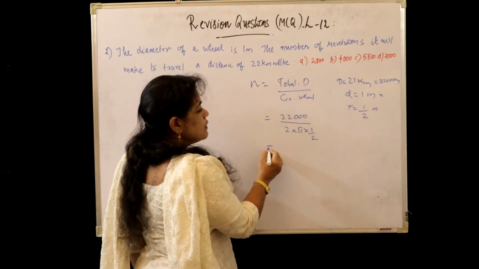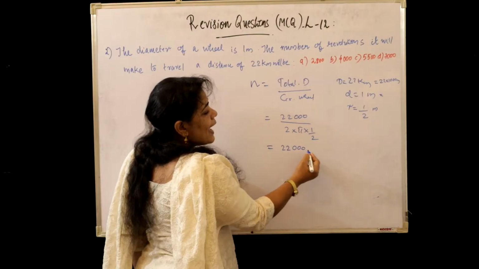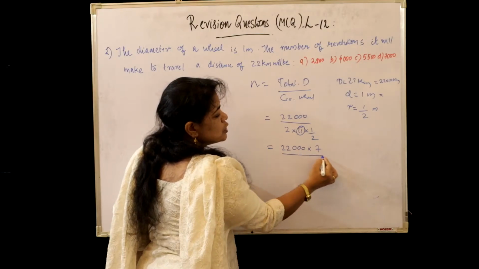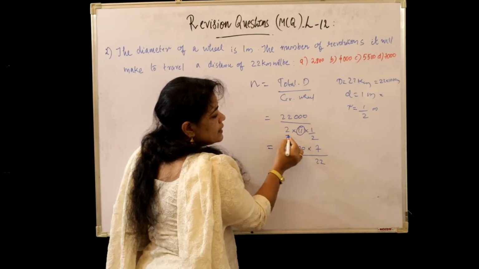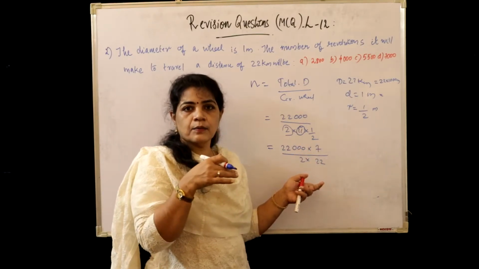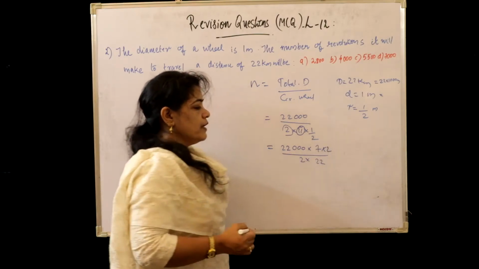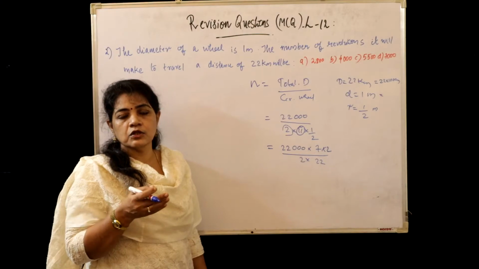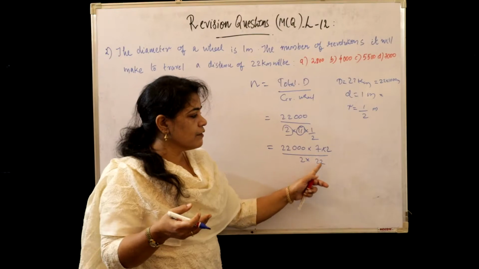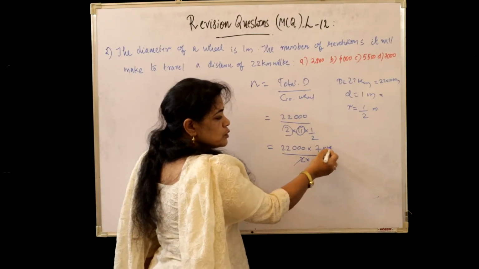So it will become 22 multiplied with 1000, and this 1 by pi is now 7 by 22, and here 1 by 2, take the reciprocal, and 2 comes to the numerator. So this is the simplification step. After substituting the value of pi, since pi comes in the denominator, multiply with 7 by 22. Now we can reduce, and the 2 gets cancelled.